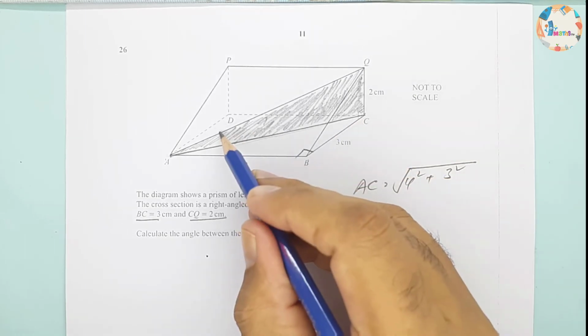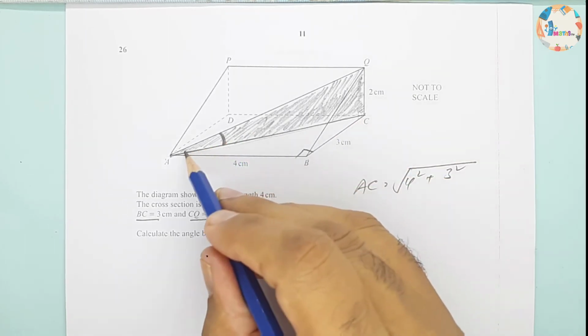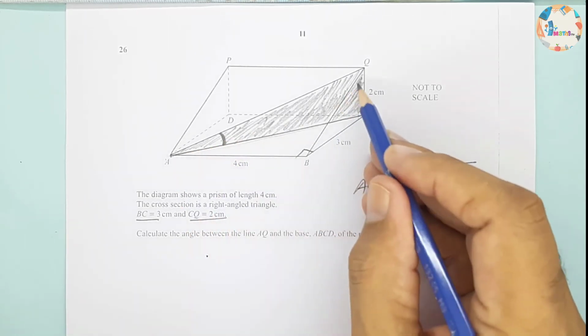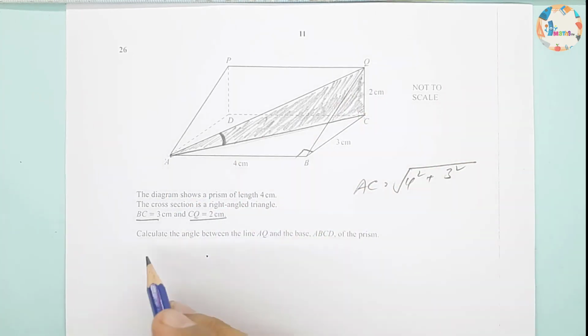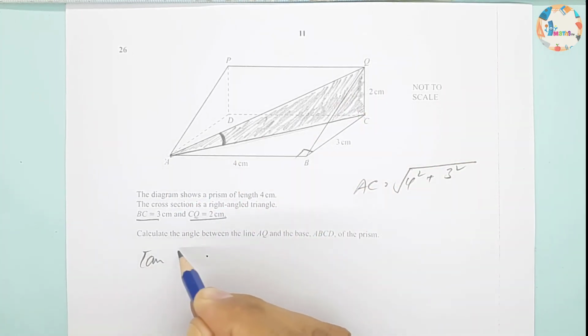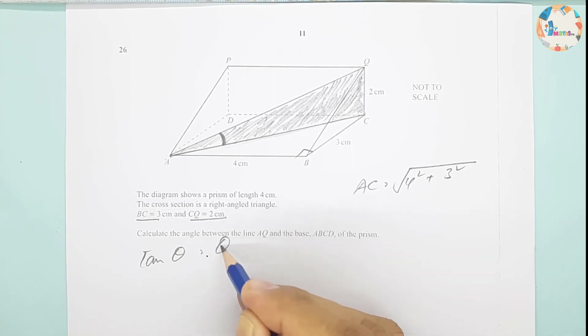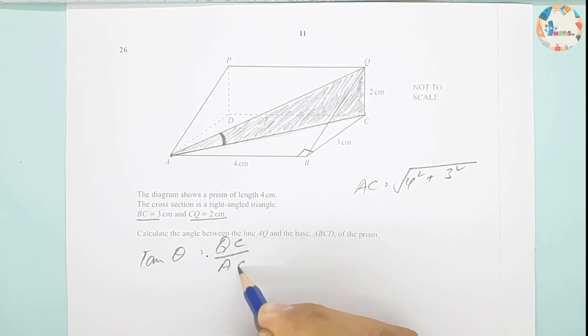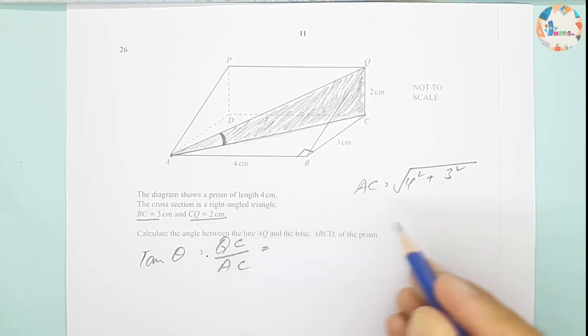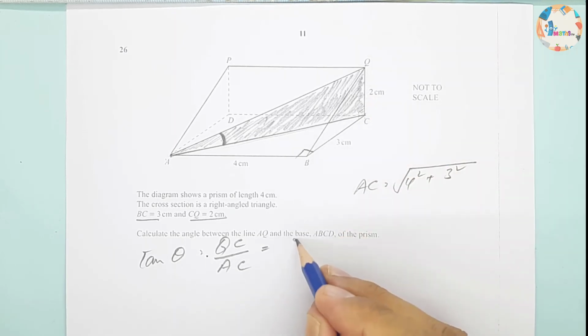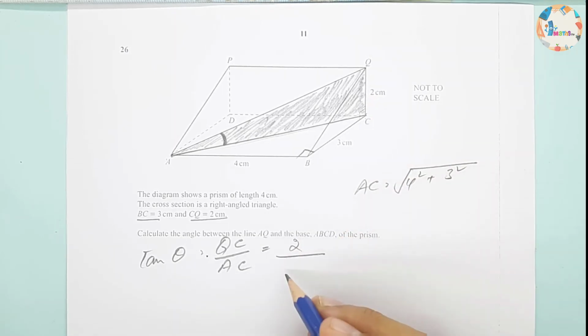And now we will apply trigonometry on this shaded triangle. So tan theta will be equal to QC over AC. And QC we know is 2 centimeters. So 2 divided by AC, which is root of 4 square plus 3 square. This will be tan theta.